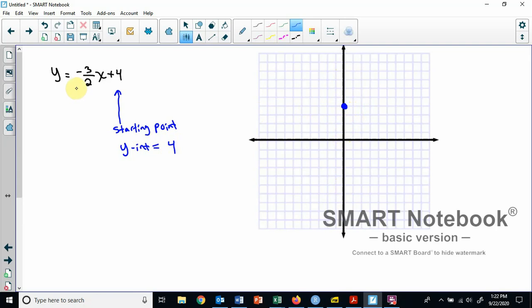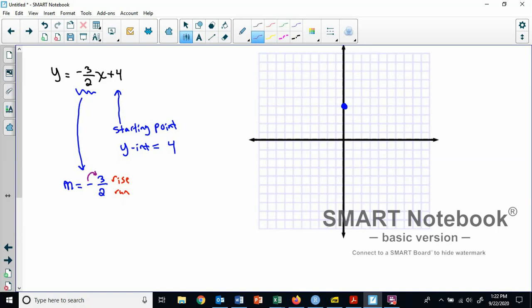Now let's look at the slope. There's the slope. So slope equals -3/2. Remember, we're going to say this is the rise over the run. I start off with a negative right off the bat. I always, and I would suggest you do this too, attach the negative to the top, because it's a lot easier to think about rising up and down as a positive or a negative.